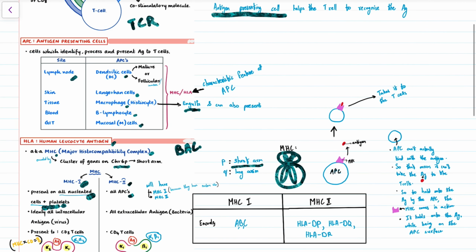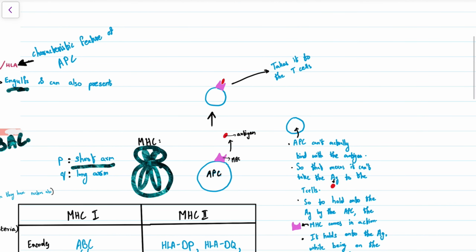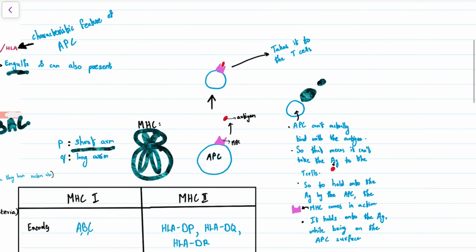Okay. So what happens is, this APC, antigen presenting cell, can't actually bind to the antigen. There's one antigen present over here, and it can't bind to it. It needs something to help it out, right? That means it can't take the antigen to the T cells.